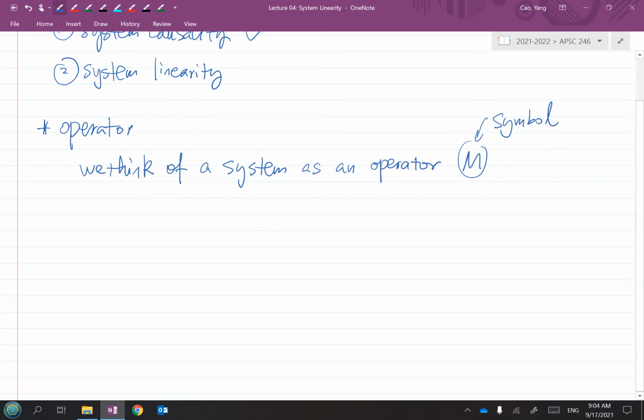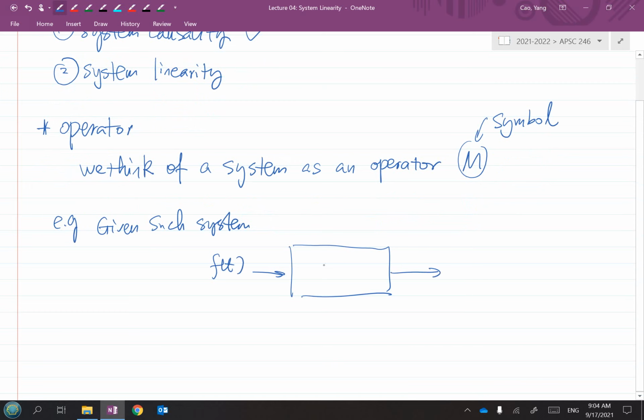So let's see, for example, given such a system. Let's say you have a box here, you have an input to the system, and then you have an output. Now, let's specify the system. The current system here is a derivative operator.